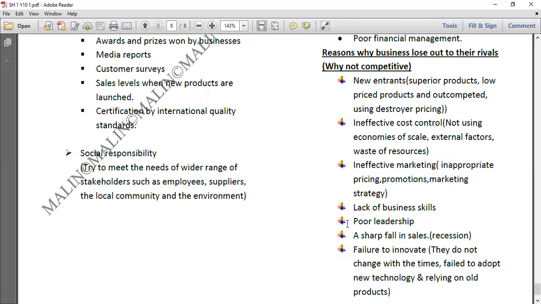In my next session, I'm going to explain the recession situation, how it impacts business failure, and how we can manage it. Also failure to innovate and how we can manage innovation. So not only failure reasons, I'm going to give you some solutions also.